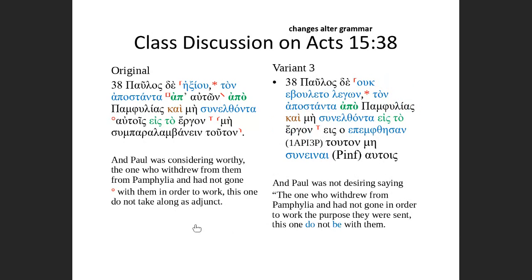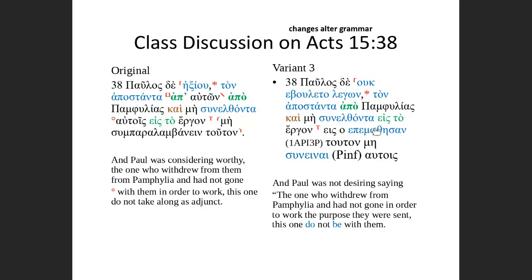Okay, what about variant 3? Well, here in this variant, I've included the first change for ech, he, echu, and we've included tone apostolon pro pamphiles kai me sunletheonton eston ergon.